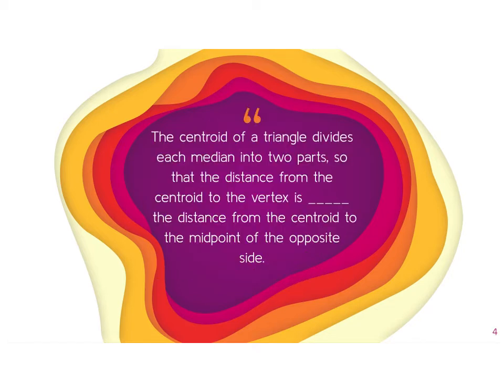The centroid of a triangle divides each median into 2 parts so that the distance from the centroid to the vertex is twice the distance from the centroid to the midpoint of the opposite side. What this is saying is if we have our centroid here, if this distance here is x, then the second distance over here would be 2x.